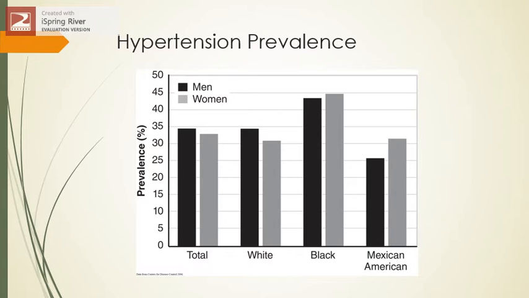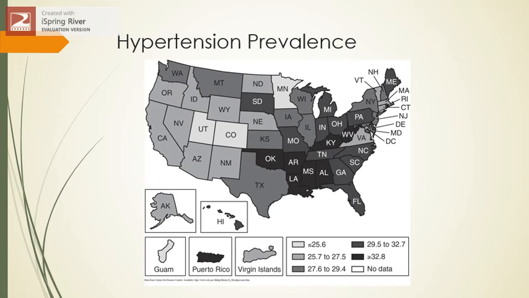In blacks and Mexican Americans, the prevalence is a little bit higher in women. But the overall prevalence is highest in Black Americans, and as I mentioned before, that's especially concerning because there are a lot of adverse health problems associated with hypertension. So finding out why, trying to treat these problems before they get worse is very important.